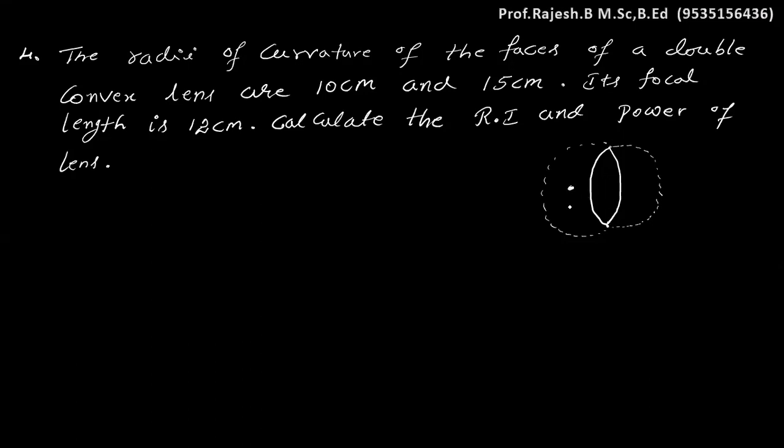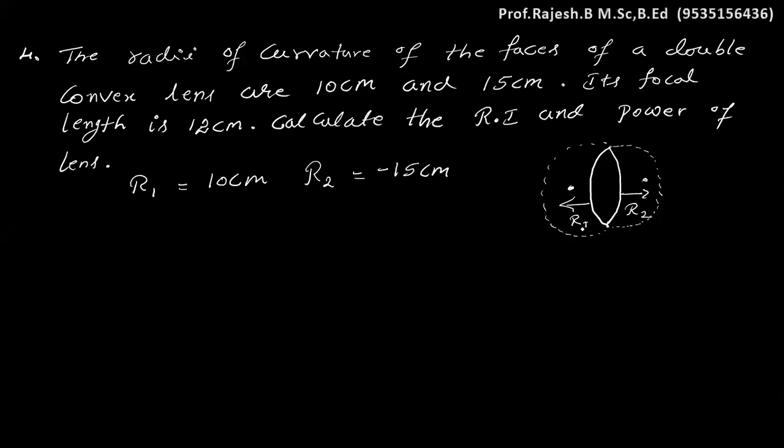The one radius of curvature comes towards left, R1, and another radius of curvature comes towards right. You can take it as R2. There are two radii of curvature given. So you can consider R1 as 10 centimeter and R2 is minus 15 centimeter.